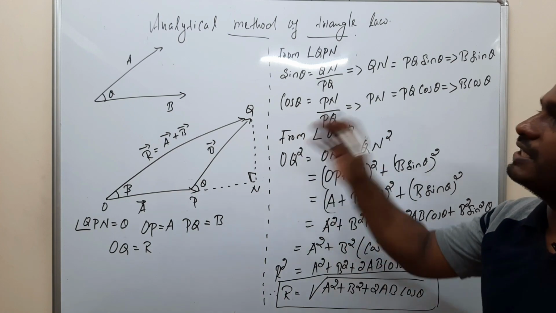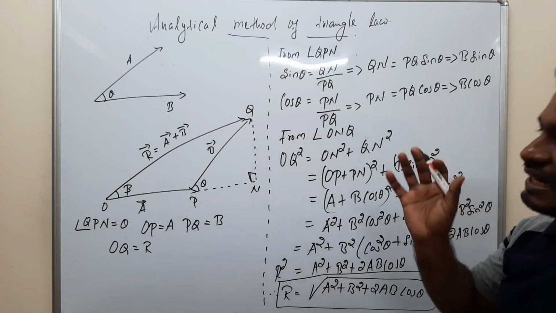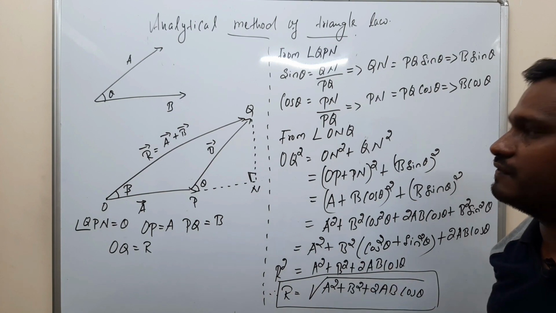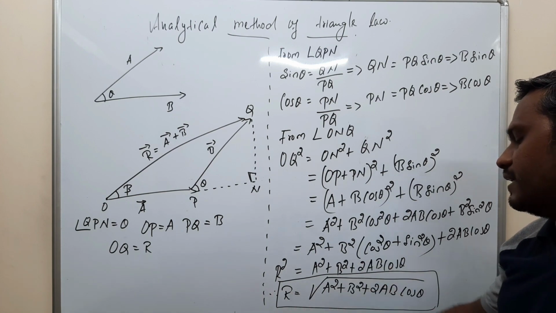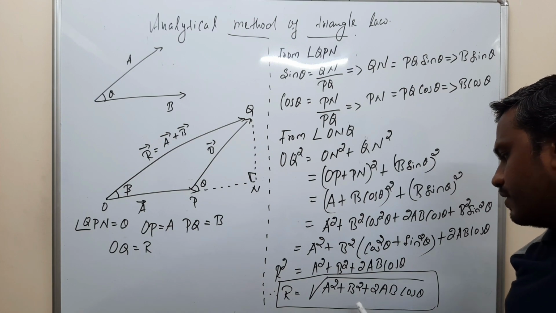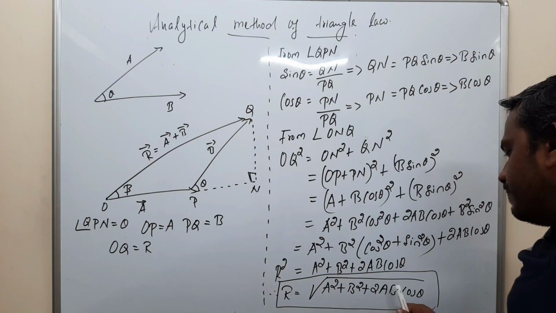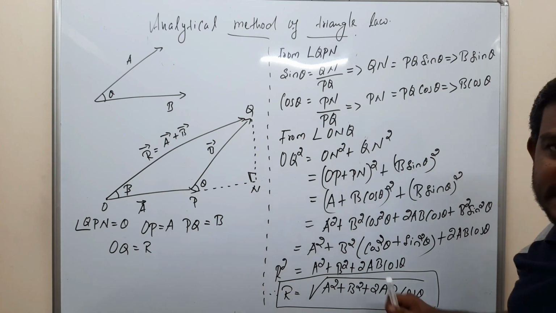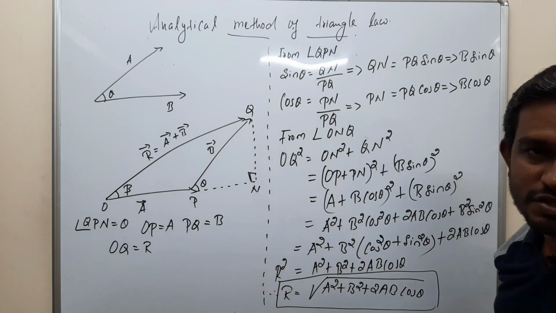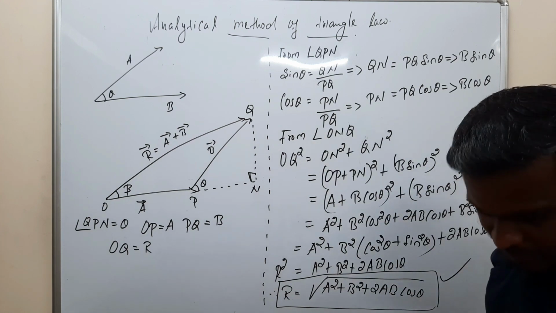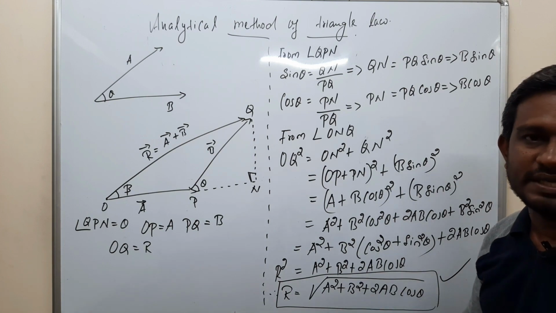Suppose two vectors a and b are inclined at an angle theta. What is the magnitude of the resultant? It is r equal to the square root of a squared plus b squared plus 2ab cos theta, where theta is the angle of inclination of these two vectors. Clear?